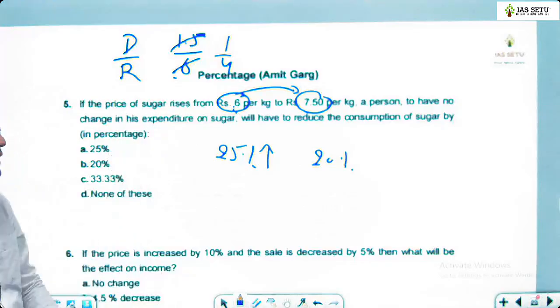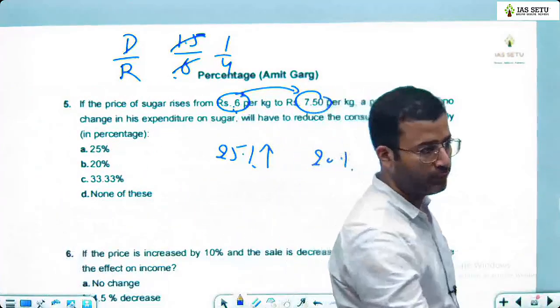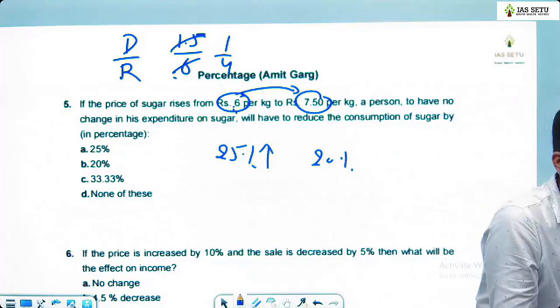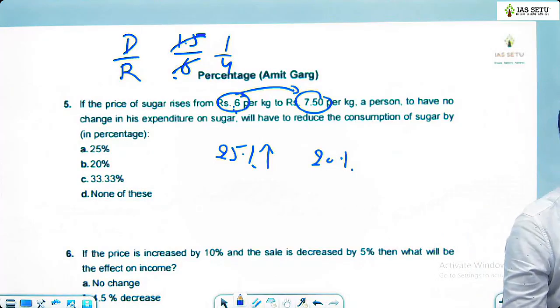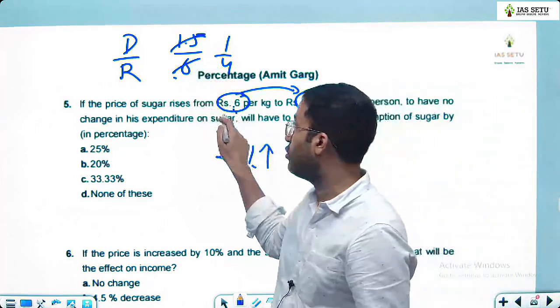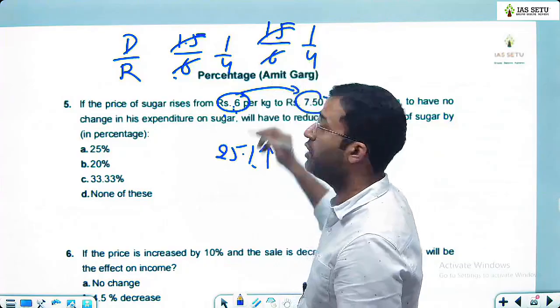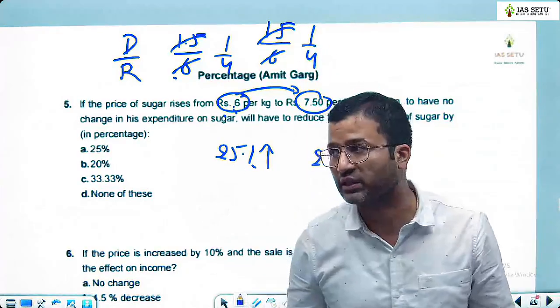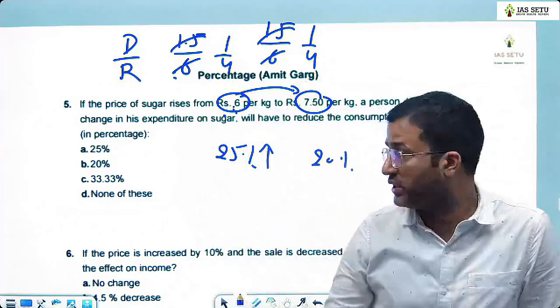Or I repeat, whenever they have given two different prices, old and new price, we have to find percentage increase for the difference upon reference. Reference is always the old price or previous price. तो वहां पे 1.5 रुपीज का इंक्रीज है ओवर 6, तो 1.5 ओवर 6 is 1/4. 1/4 means 25% increase, and that we know 25% increase is compensated by 20% decrease.